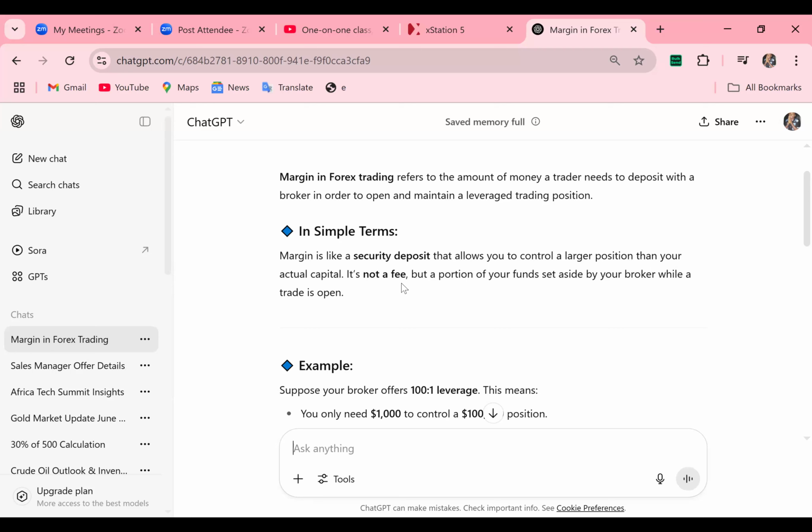It's not a fee, but a portion of your own fund set aside by your broker while your trade is open. It means maybe 10% of your capital can be used, 1% can be used, 5% can be used.